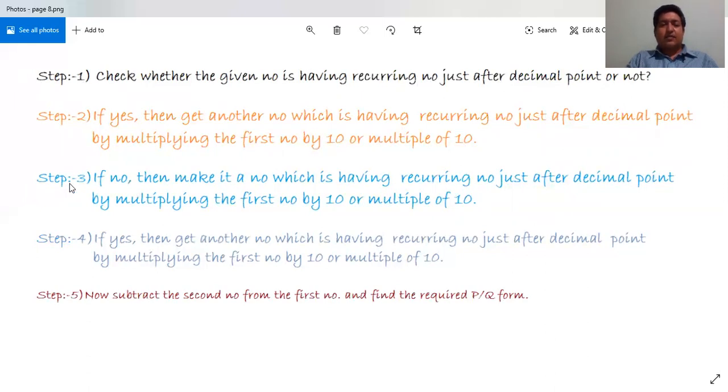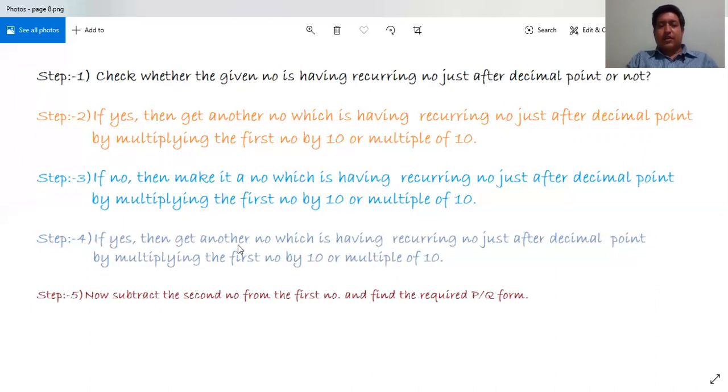And step three: if the answer is no, meaning the number does not have recurring digits just after the decimal point, then you have to multiply the number by a suitable 10 or multiple of 10 to obtain a number which has recurring digits just after the decimal point.